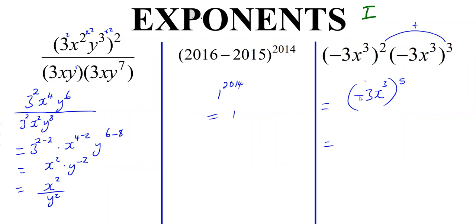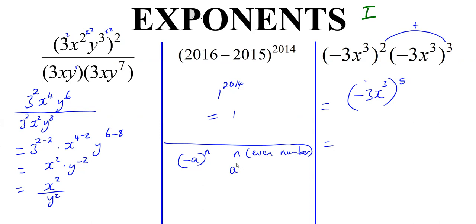Now here, what happens is that the negative 3 to the power of 5. Once you have a bracket, let me just explain something to you. If we have negative a to the power of n, and n is an even number, then you get rid of the negative.